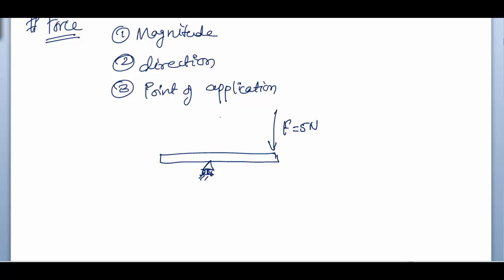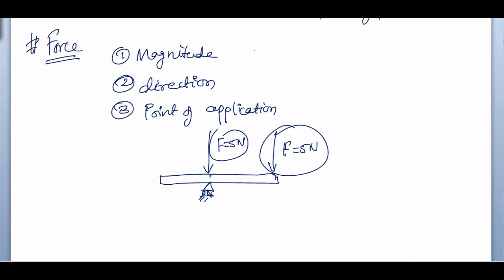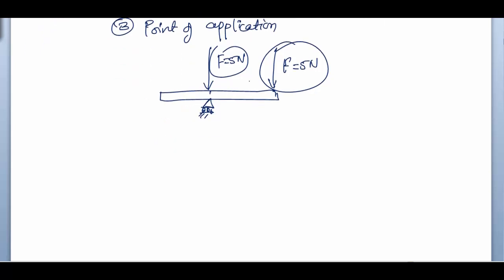In the next situation, this force F can act at this point with the same intensity and in the same direction. So the effect of the first force is to rotate the beam, but the effect of the second force, it cannot rotate the beam. So every parameter is very important to decide what will be the effect of the force.